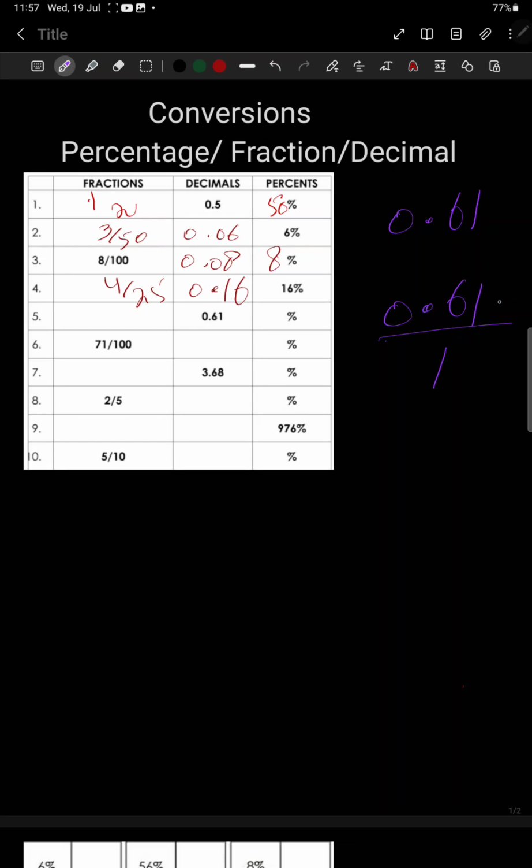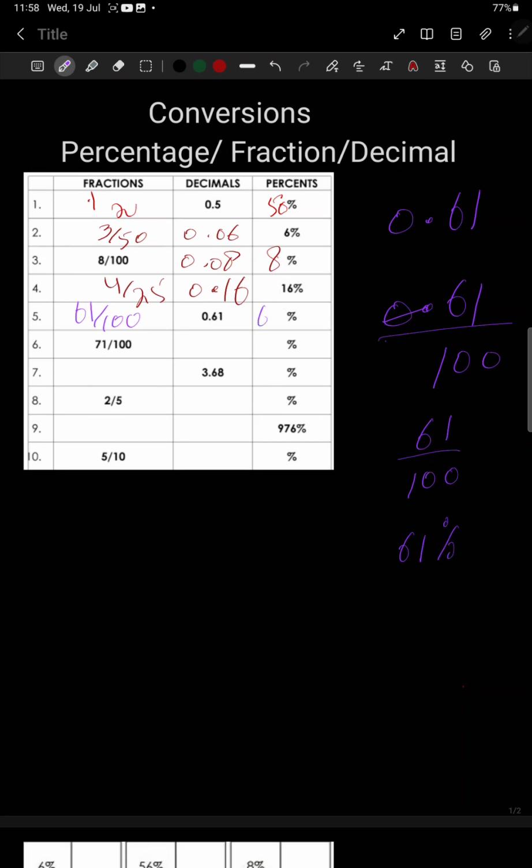There are 2 numbers on the right side of the decimal, so I will remove the decimal and put 100 over here. This is 61 over 100, which is in the fraction form. 61 and 100 are not coming in the same table, they have no common factor, so we will write it as such, 61 over 100. And 61 by 100 means 61, and this 100 will show the percentage.